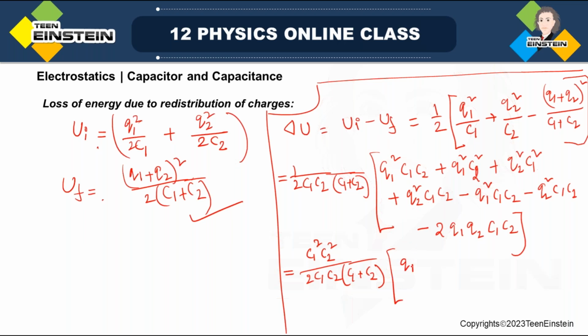So we'll get like this: Q1 square divided by C1 square, then Q2 square divided by C2 square, then minus 2 Q1 Q2 divided by C1 C2. Okay, I'll just go to the next page.